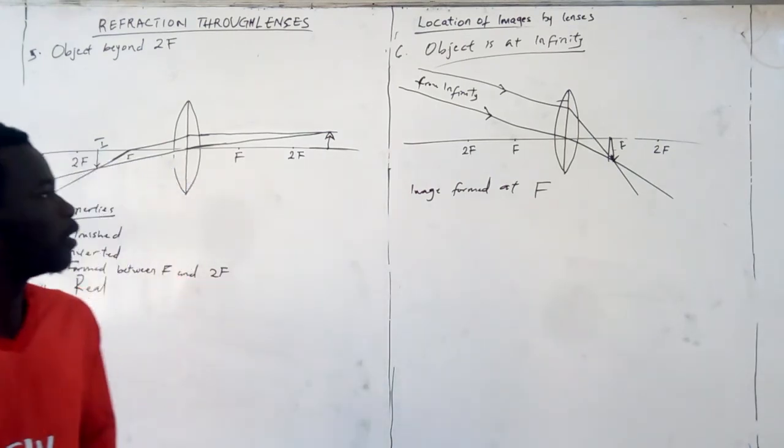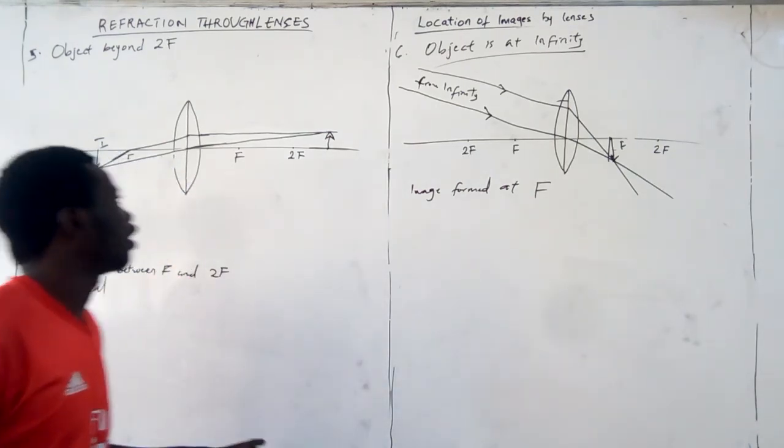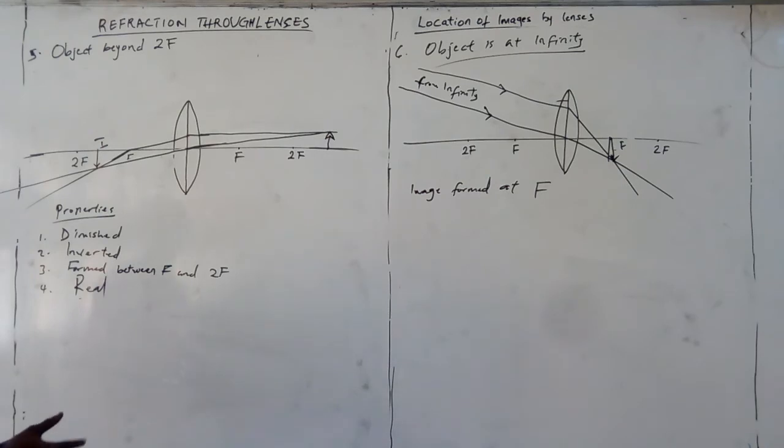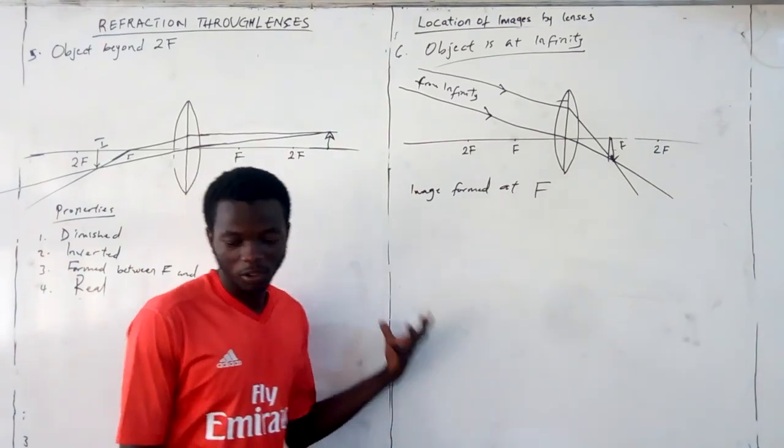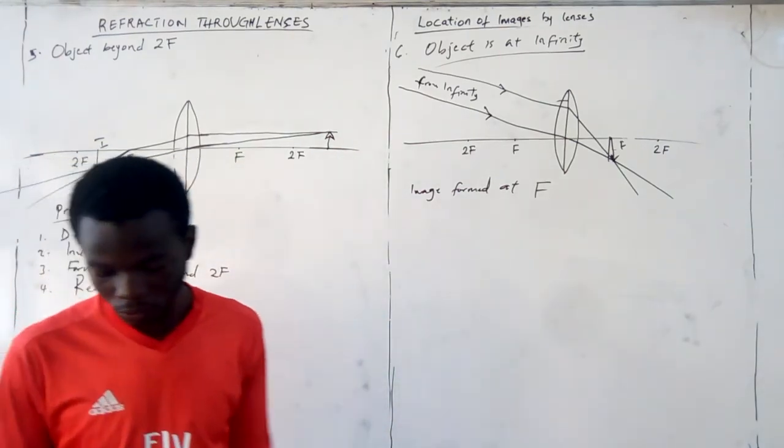So those are the properties of images that can be produced by a converging lens, where the objects are placed at different positions.